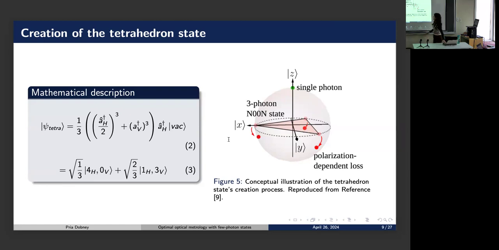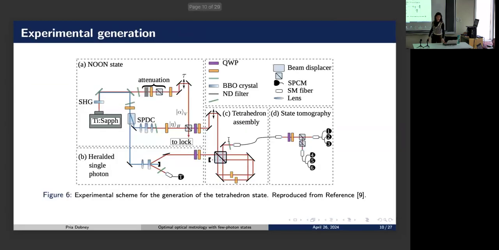I'm sorry if it's not super clear. I reduced the picture. What this looks like in a lab, I won't spend too much time talking about because it's quite complicated. But this is the experimental setup that we use, and I don't know why some of the text is gone from the legend. Sorry, but we create the Luna state here.